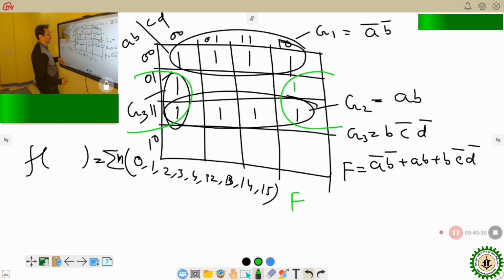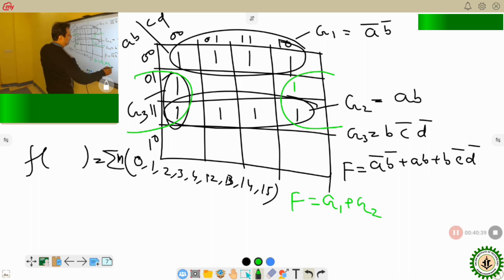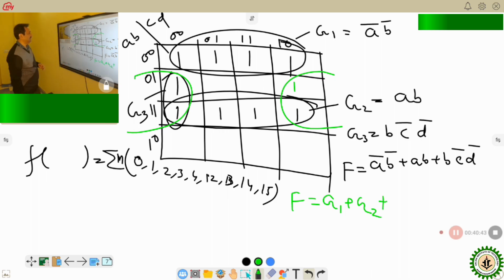For that particular case, what will be the Boolean function? The expression is: G1 is as it is, and G2 is also as it is, and G3 will be a little bit changed. So what will happen in G3?